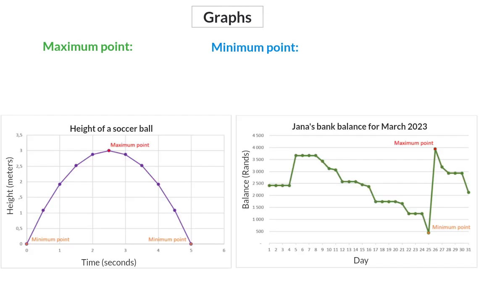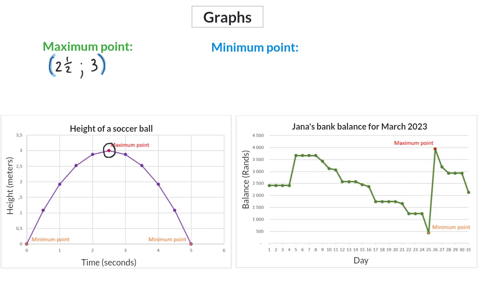Here we have two examples, and in both of them we have a maximum point. For the soccer ball, the maximum height is at 3 meters, and this happens after 2.5 seconds. So at 2.5 seconds, the maximum height will be 3 meters. This notation is called a coordinate and is a more effective way of writing down what you read from a graph.